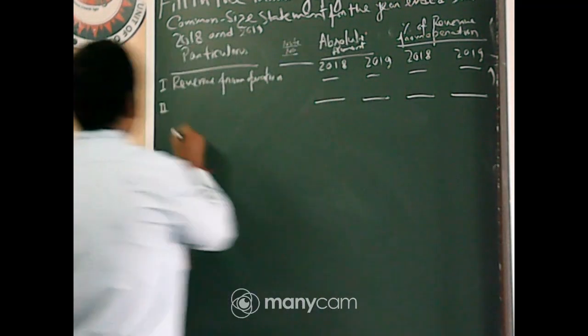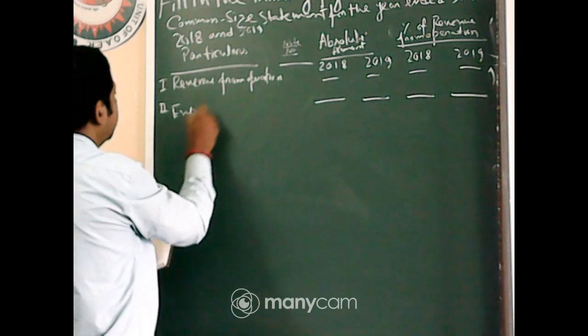And then number 2 is expenses. Now we'll write down the expenses.